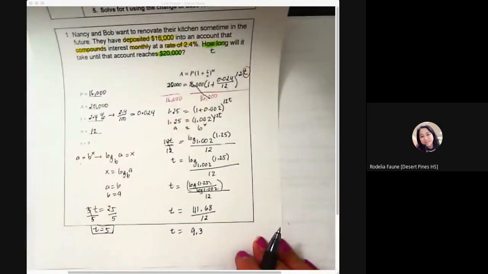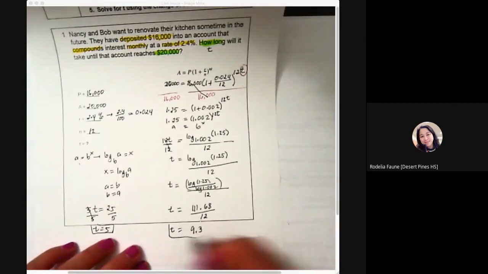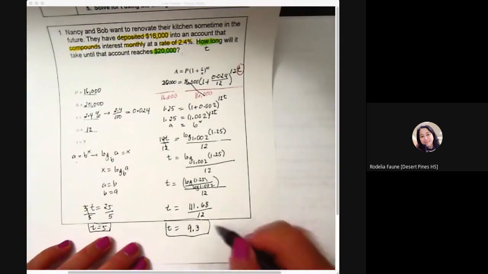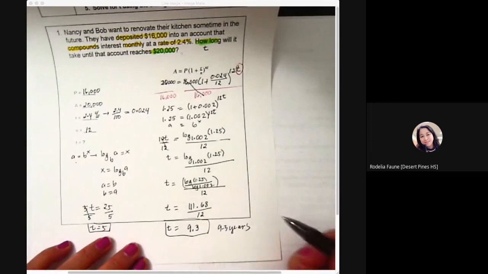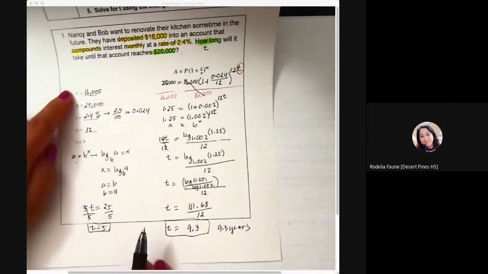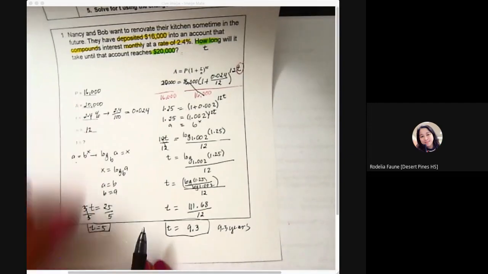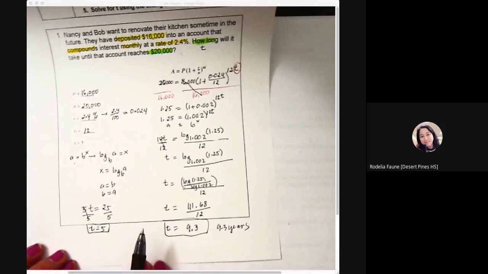So there, what does it mean? It means that it will take approximately 9.3 years for 16,000 to grow into 20,000 in this savings account.